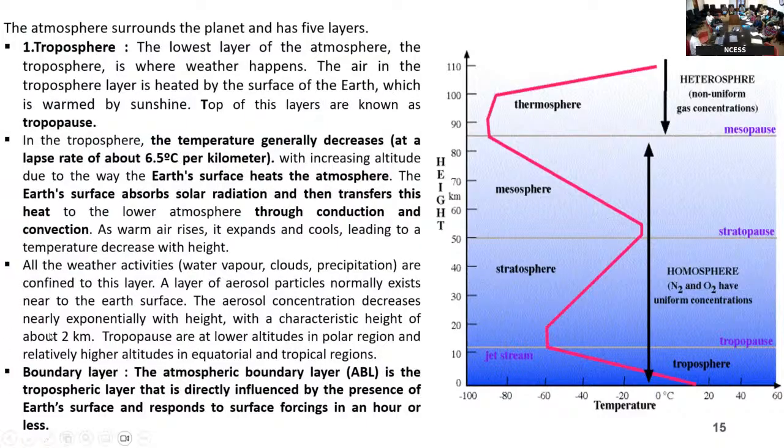Also, we should remember we are all living in the boundary layer, which is the lowest layer, around 1 kilometer or so, and there are spatial changes as well. The boundary layer of the troposphere is defined as the layer directly influenced by the presence of Earth's surface, like friction and other parameters, and it responds to surface forcing in an hour or less.